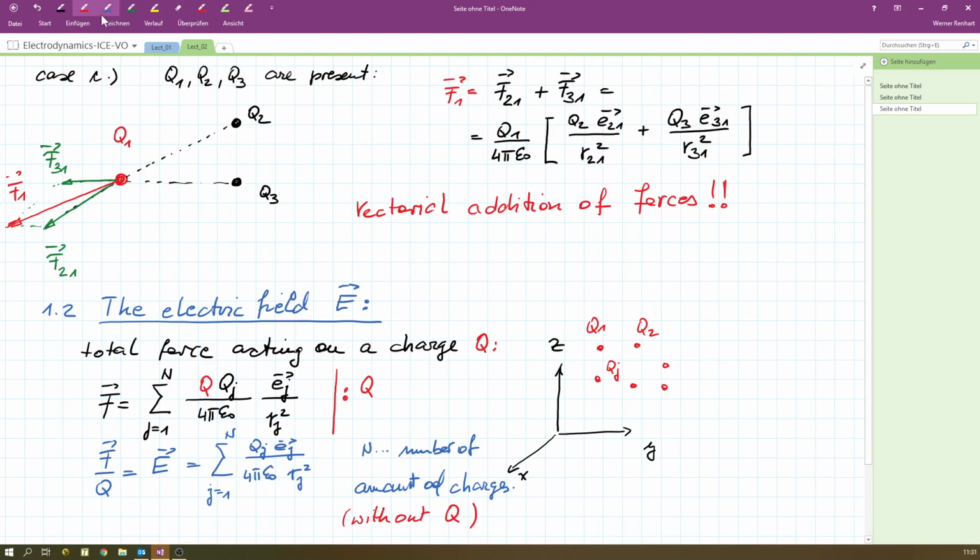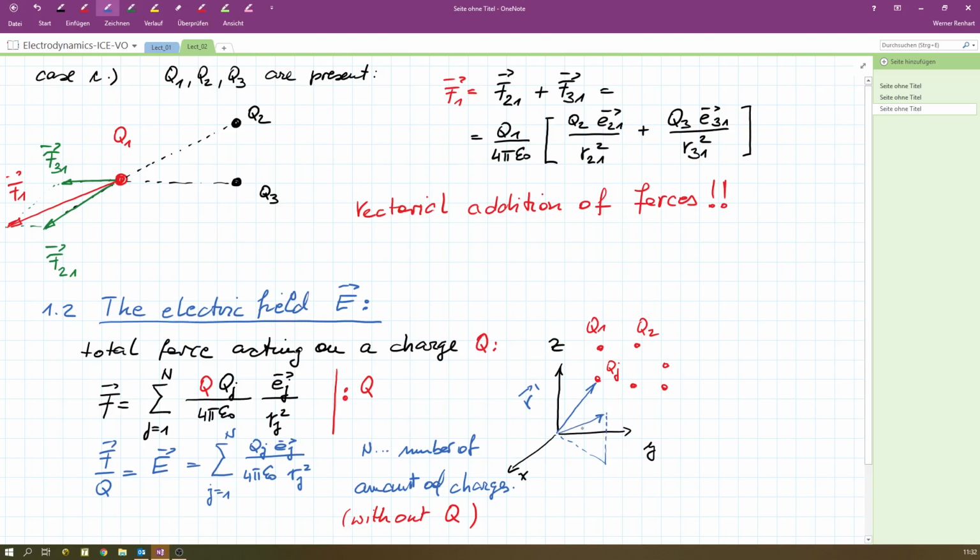And if we pick out one charge, then we have the source point vector r prime, for example, and we have some field point vector. The field point vector may be somewhere of interest where this charge q is situated.